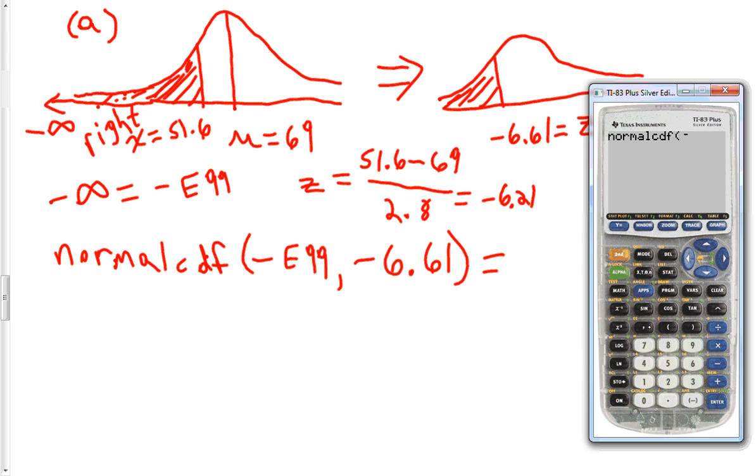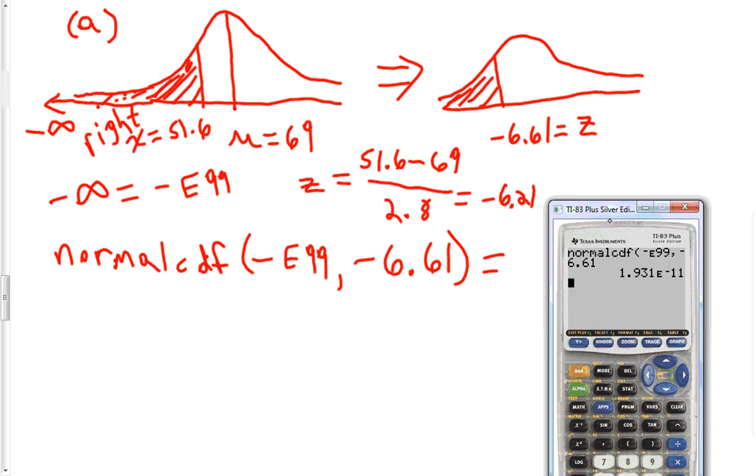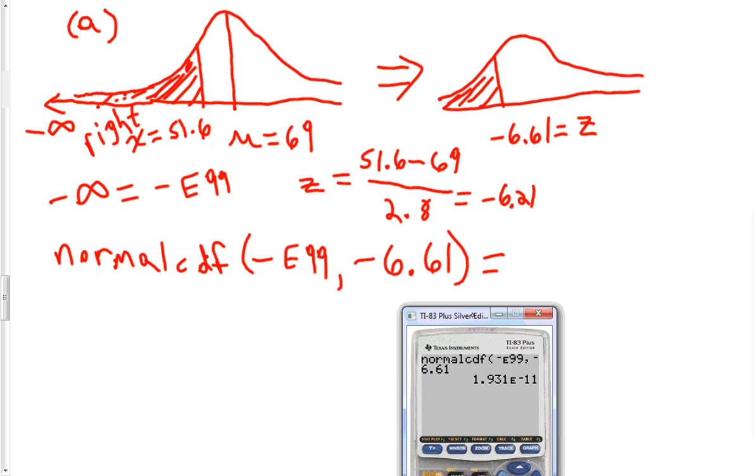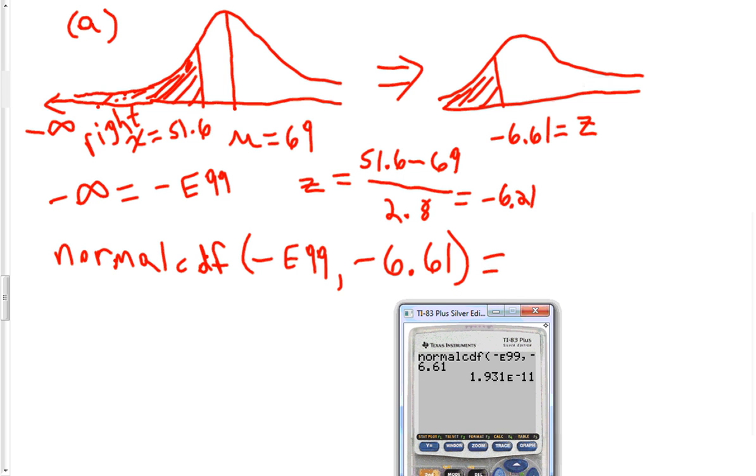So negative E99, which is negative infinity, comma, negative 6.21. And we press enter. The calculator gives us a result in scientific notation. This is 1.931 times 10 to the negative 11th power.